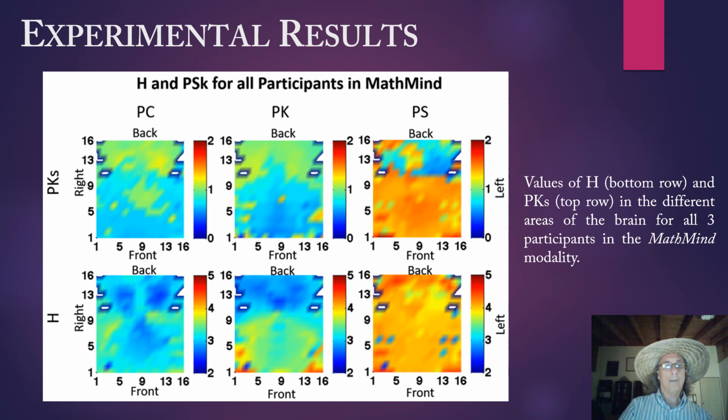Particularly for MapMind, you can see that both participant C and participant K show less entropy and less skewness than participant S. And participant S has more entropy in the frontal area of the brain.